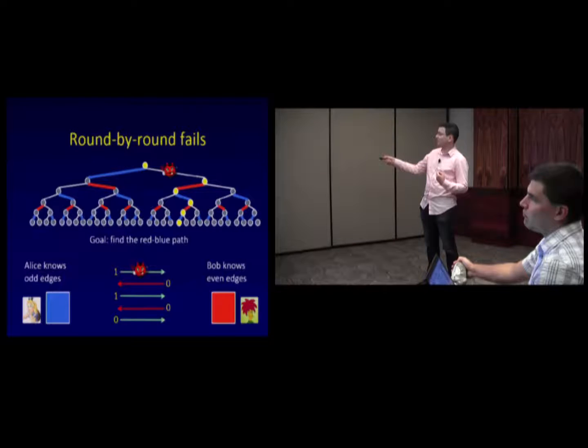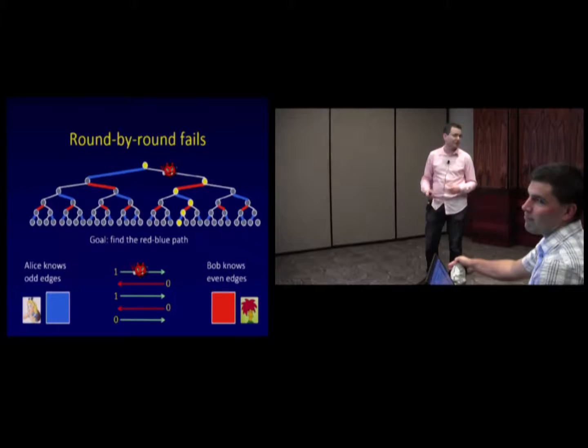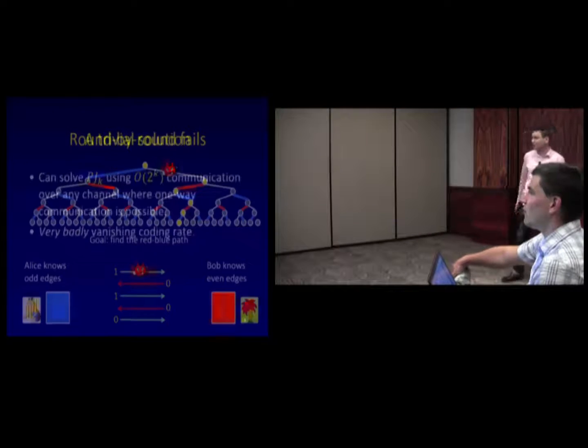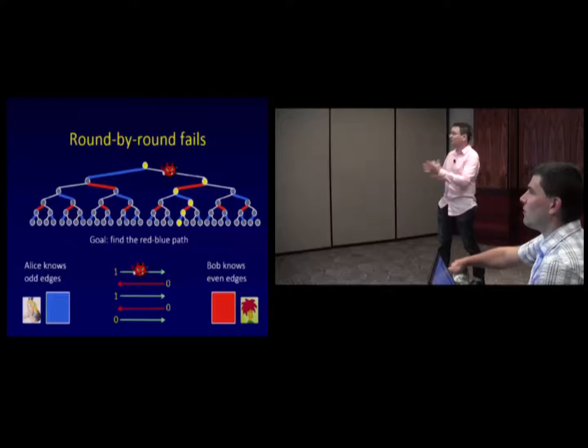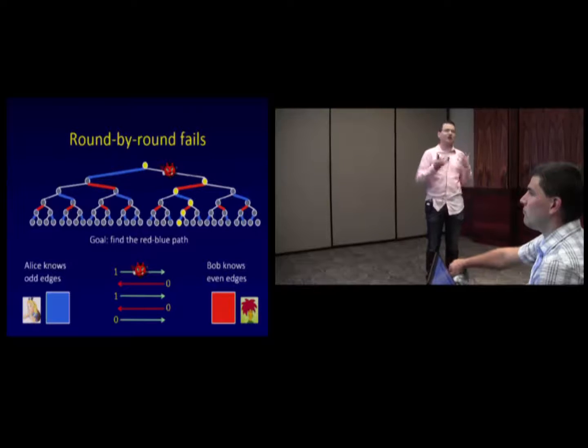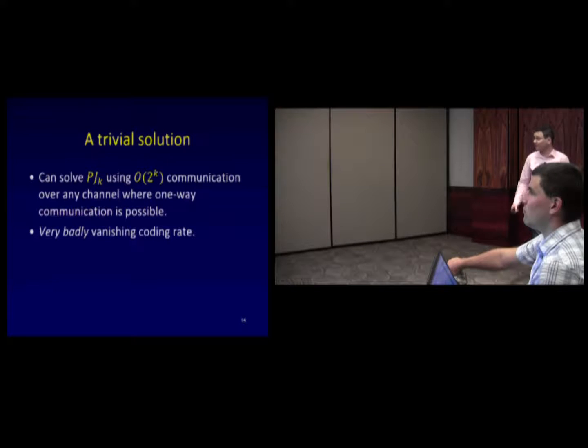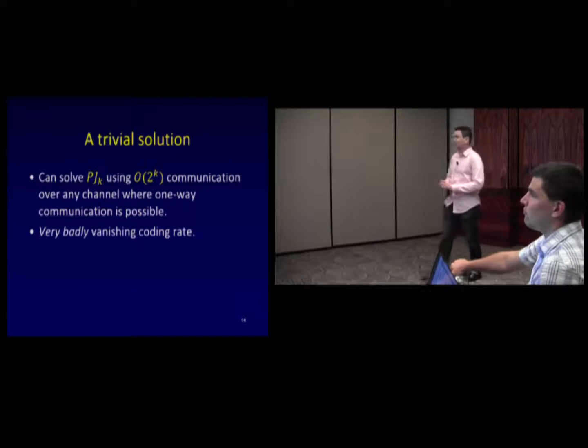Now Bob thinks he is here, so he sends this 0. Alice thinks she's here, so she sends this 1. Bob sends this 0. Alice sends this 0. So in the end, Alice will output this node, and Bob will output this node, and Bob will be wrong. And all this for 1 bit of corruption out of 5. So you can't just ignore the fact that it's interactive. Somehow it's essential.